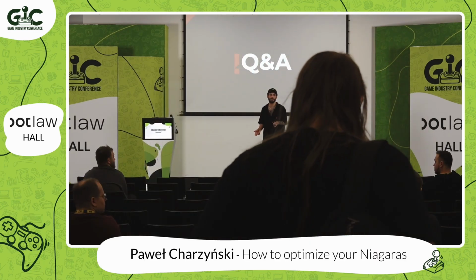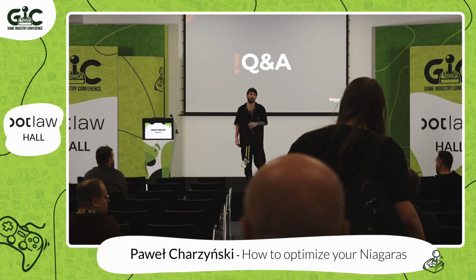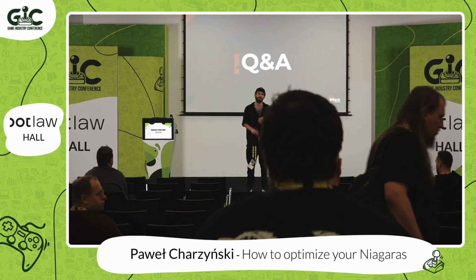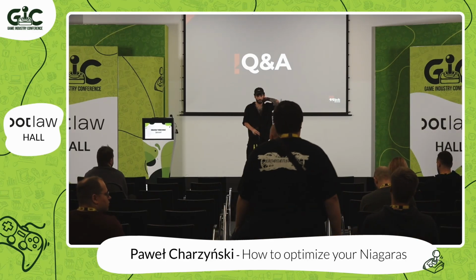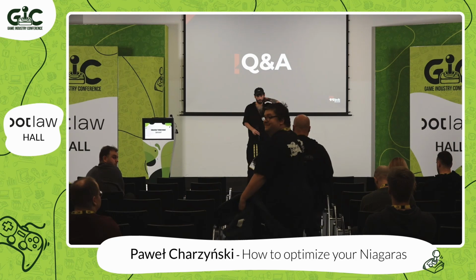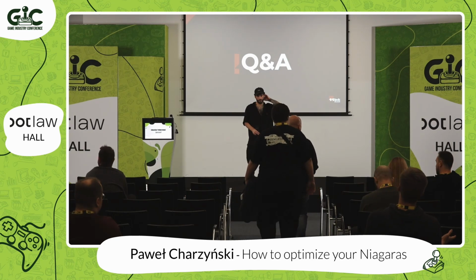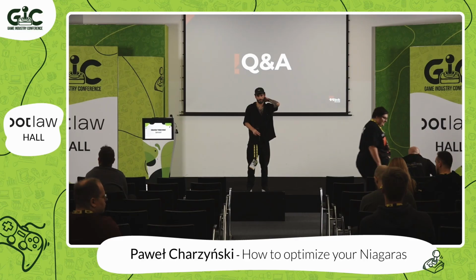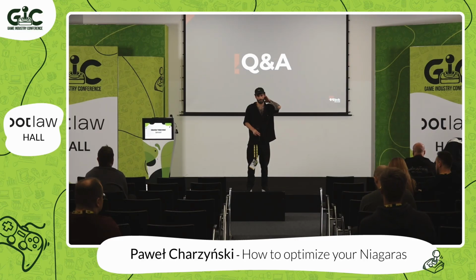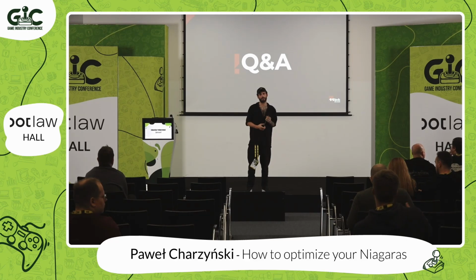Okay, and the last question: do you use the result of the line trace, like yes or true, to then drive the size or the complexity of the Niagara effect itself? Do you pass the information like yes or no, like the Boolean, to the Niagara to drive it?